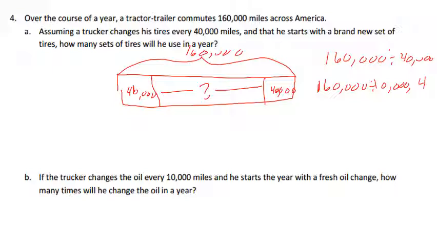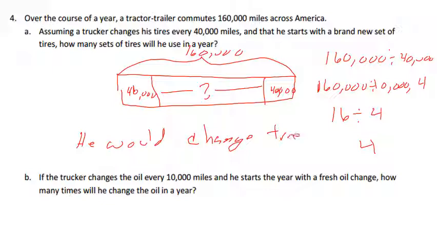So we're going to lose 4 zeros, and we're going to end up with 16 divided by 4. 16 divided by 4 is 4. So he would change tires 4 times.